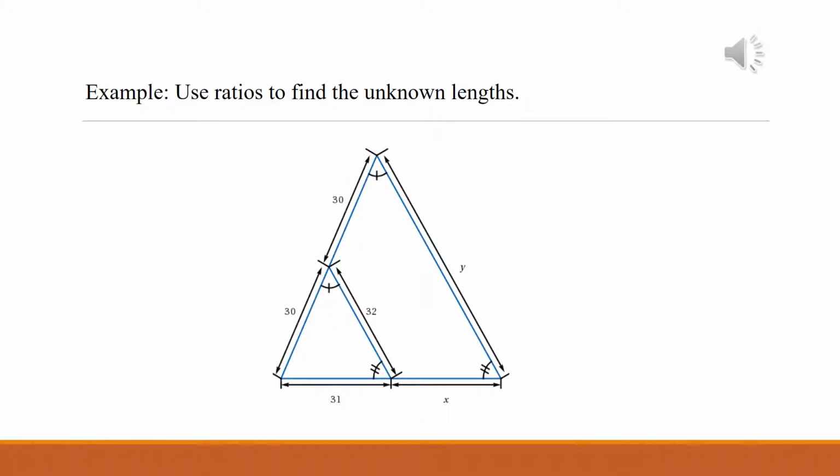Before we start actually calculating anything, let me just describe this picture to you. The problem says, use ratios to find the unknown lengths. If we look at this picture, we have a big triangle, and inside of that we have a little triangle. The first thing I would do is separate this into two triangles.